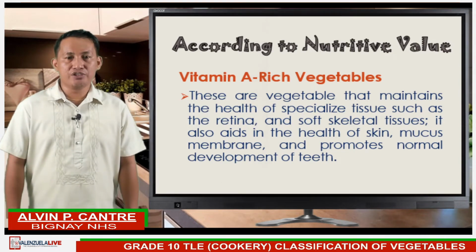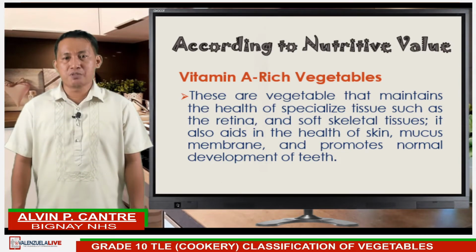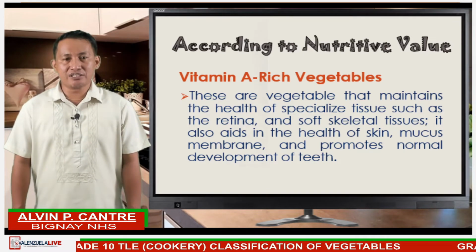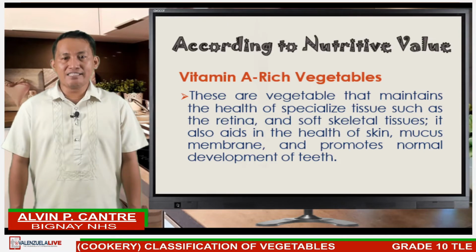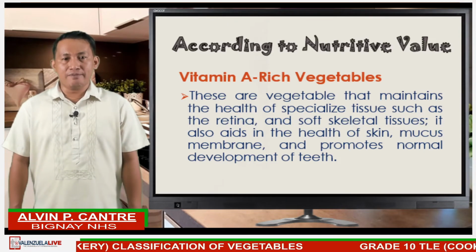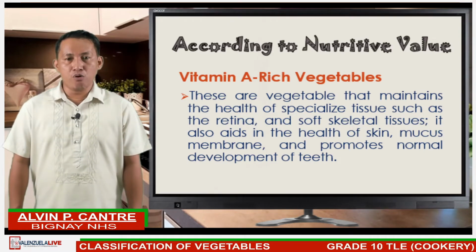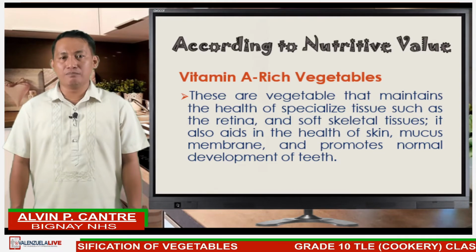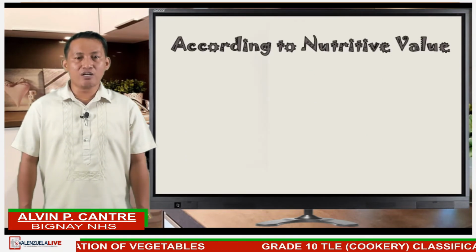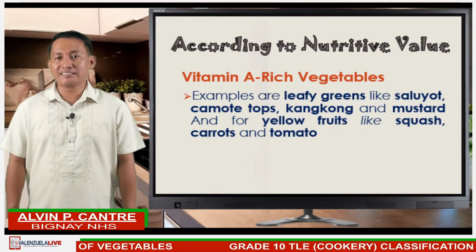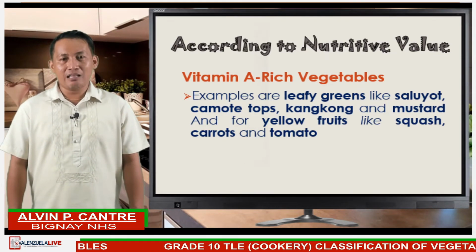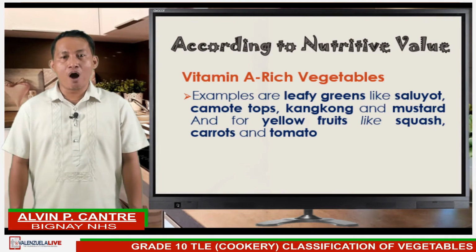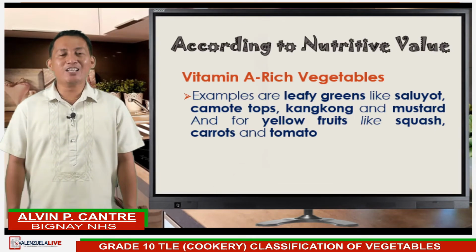These are vegetables that maintain the health of specialized tissue such as retina and soft skeletal tissue. It also aids in the health of skin, mucous membrane, and promotes normal development of teeth. Examples under this category are leafy greens like saluyot, kamote tops, kangkong, and yellow fruits such as squash, carrots, and tomato.